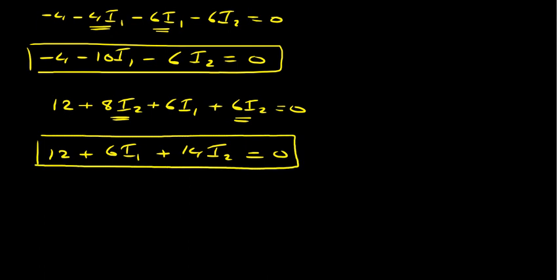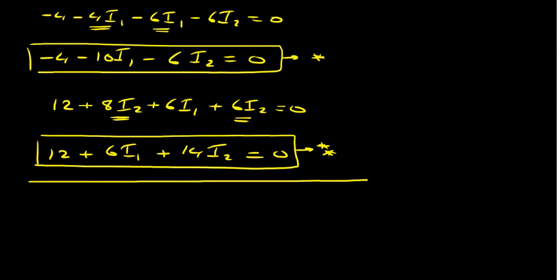If you look carefully now, if I call this equation star and this one double star, I can eliminate one of the unknowns in these equations because they both have I1 and I2. So let's put them on top of each other.